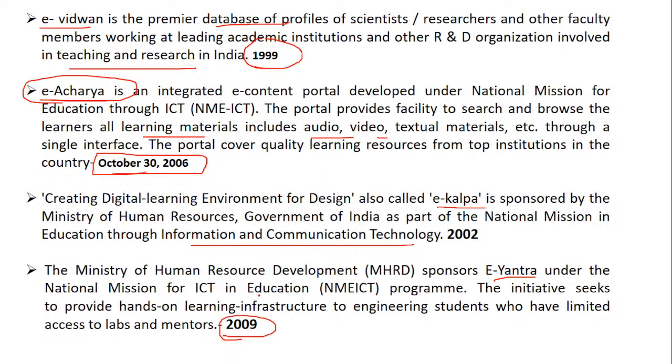So with the help of ICT, it is trying to give maximum assistance to students who have limited access to facilities in the form of labs or mentors. Here they can get support in electronic form, and maximum use of their talent can be made. Is it clear?